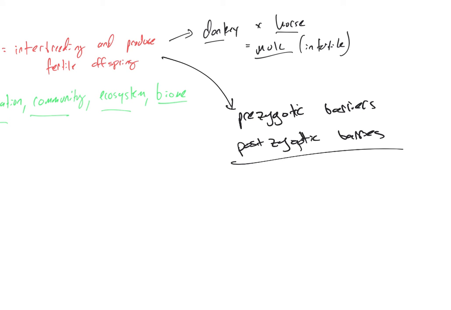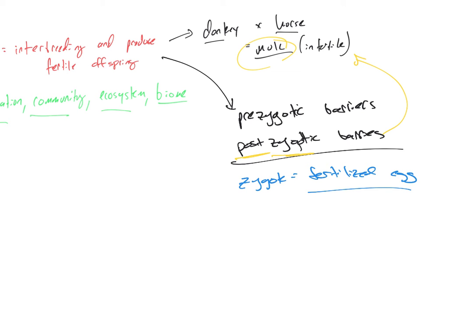So, zygote is a fertilized egg. So, the mule is an example of a post-zygotic barrier.